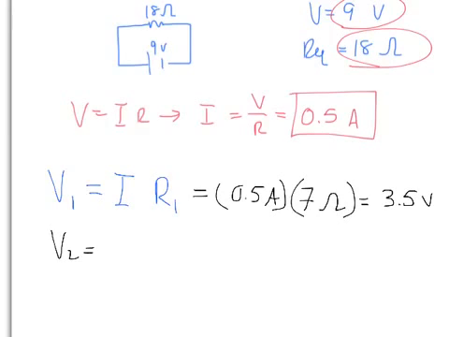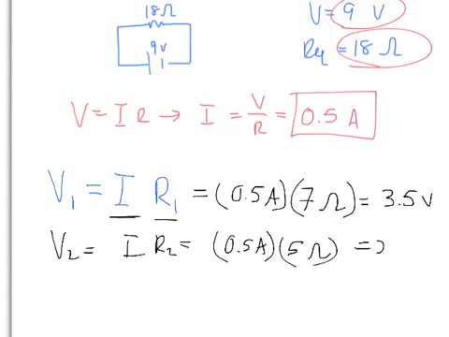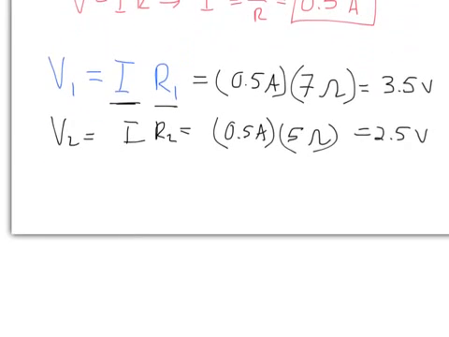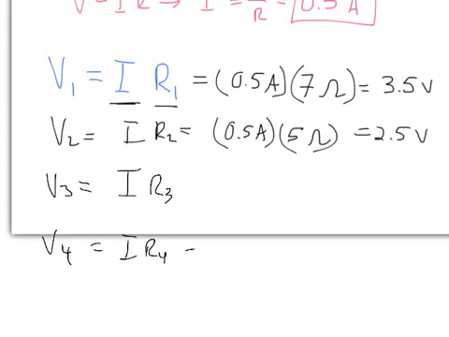For the second voltage, I'm going to do the same thing. Take the current of 0.5 times R2, so 0.5 amps times 5 ohms, giving me 2.5 volts. And let's take a look at the third and fourth resistors. The third and the fourth resistors follow the same law, I R3 and I R4.